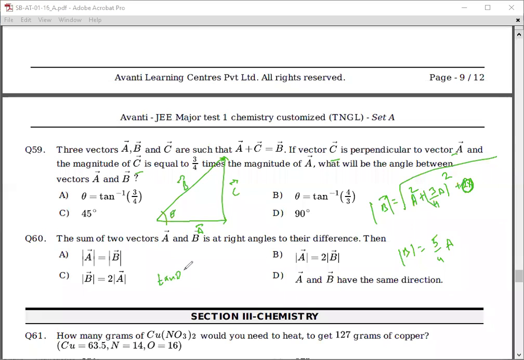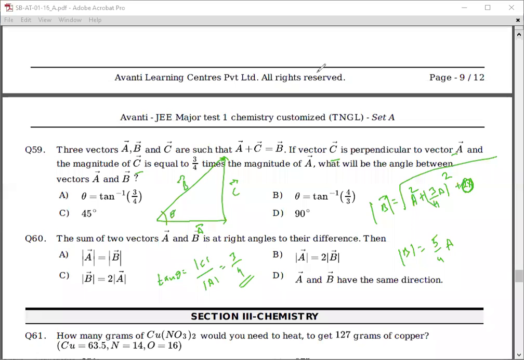Tell me. Tan theta is magnitude of C by magnitude of A. Agree? और ये तो क्वेश्चन में ही दे दिया है. Yes or no? 3 by 4. So आंसर क्या हो गया? Right? बताओ, सबको समझ में आ गया? इजी था ये.